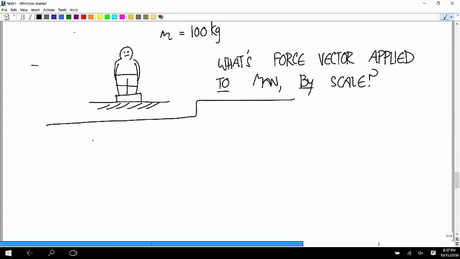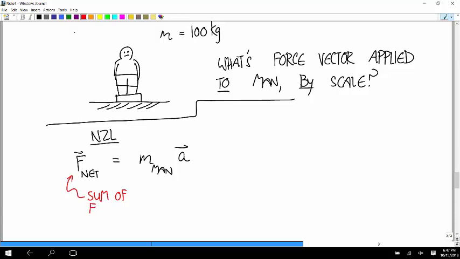Okay, well, Newton's second law says that we're going to add up all the forces acting on the man. That's what we're calling the net force, and it's going to be equal to the mass of the man times the acceleration vector of the man. So this is the sum of all the force vectors on the man, who is our chosen object.